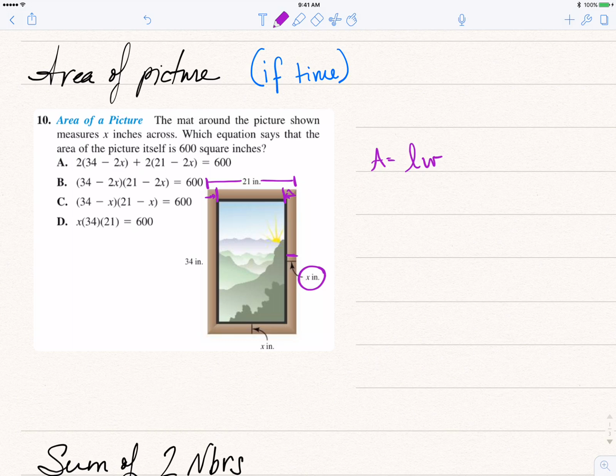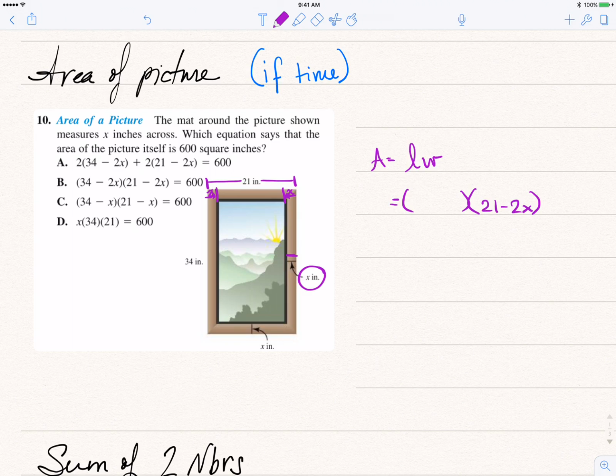Now remember, if this little piece is X, and if this little piece is X, then I have 21 total inches, but the width of the picture itself is going to be 21 minus one of those X's minus another one of those X's, or we would say that the width is 21 minus 2X. I'm going to leave some space for the length, and I'll fill that in for our width. So 21 minus 2X is going to be the width of the picture itself.